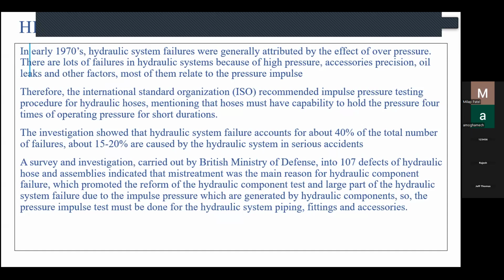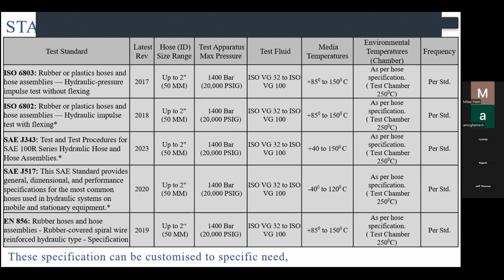And then it was made mandatory by the British Ministry of Defense that all the defects, whatever been categorized, needed to be tested with respect to the fatigue life of hoses, because the hose is the main element throughout the criteria by which you need to define the hose life. So that way, impulsation comes into the picture, and many standards have been developed internationally and nationally throughout the years, and now it is a matured testing, I can say, by which many failures can be analyzed through impulse testing.